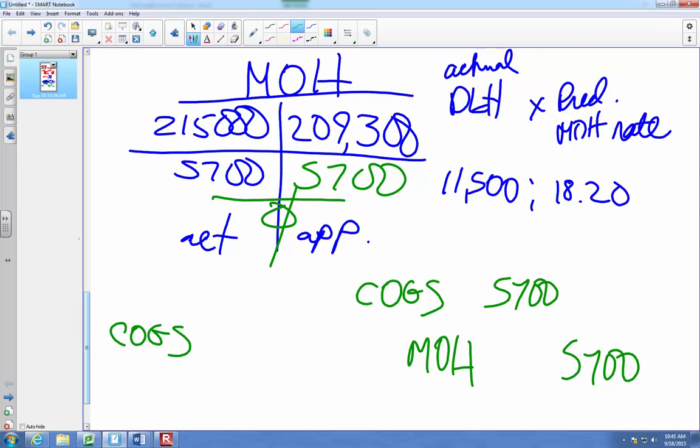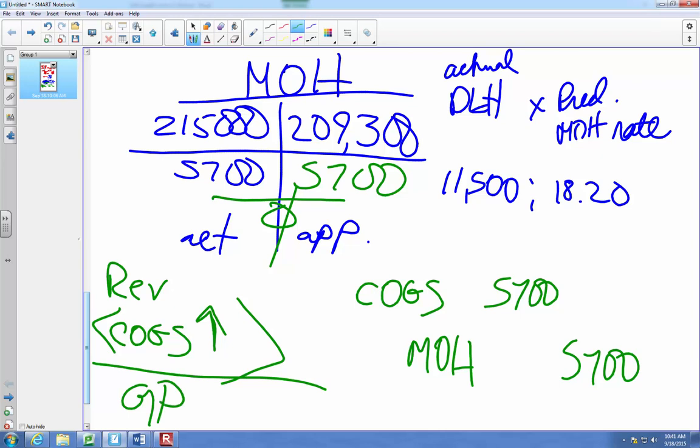I don't know. But something cost you more than what you expected. Yeah, my cost of goods sold went up. What's that going to do to my gross margin? Kick it down, right? Because revenue minus COGS gives you what? Gross margin or gross profit. If my expenses go up, my margin goes down.